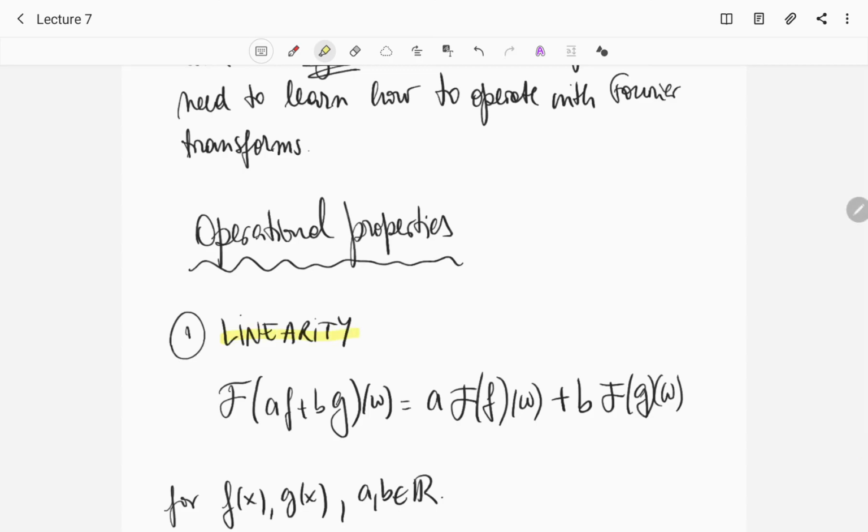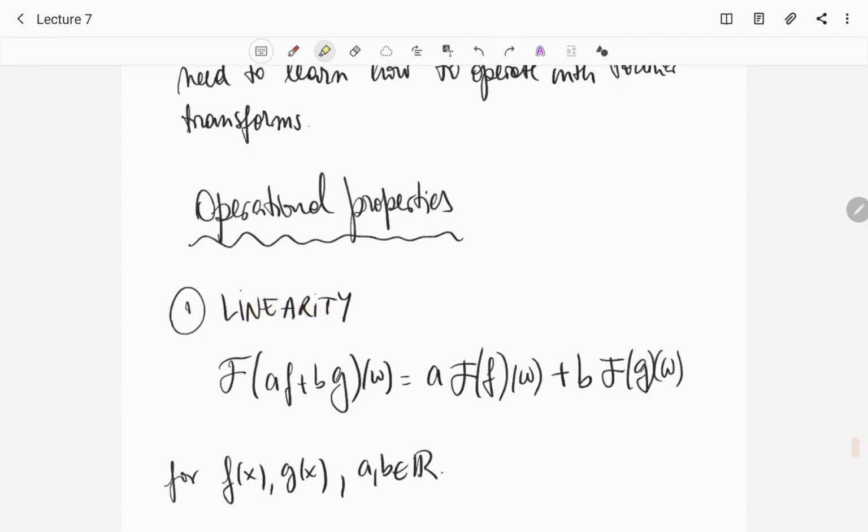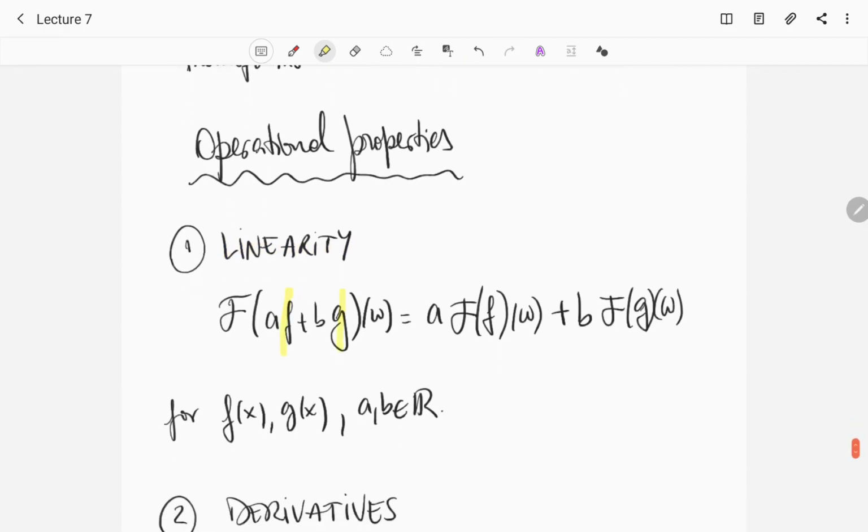We are lucky that the Fourier transform is linear, which means that each time we have two functions, f and g, and two numbers, a and b, the Fourier transform of the linear combination of f and g is just a times the Fourier transform of f plus b times the Fourier transform of g, the same linear combination but of these two transforms. That's what being linear means. This is quite important, and we will use it next lecture to solve partial differential equations.